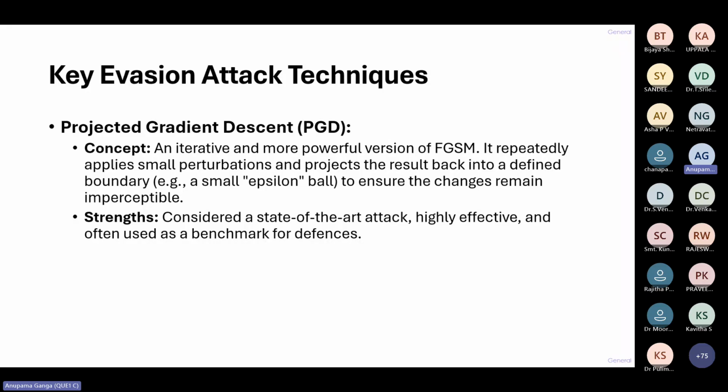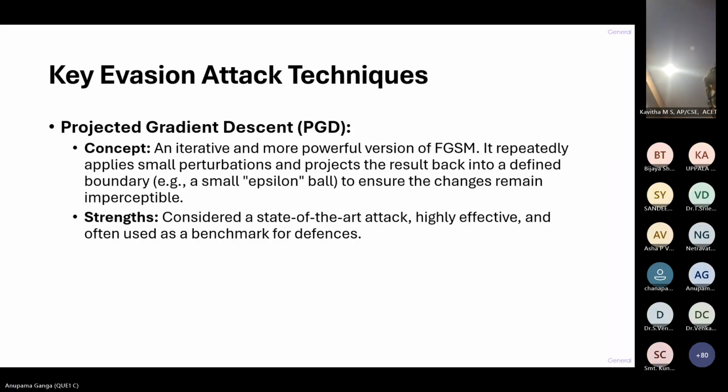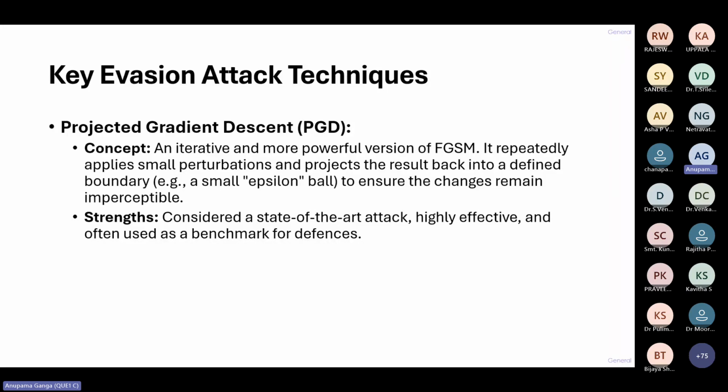In this iterative approach, the gradient of the loss function is calculated with respect to the input, and it then takes a small step in the direction that maximizes this loss. So step by step, we are trying to make progress, aiming to increase the misclassification probability by making a small step in the direction that maximizes the loss.